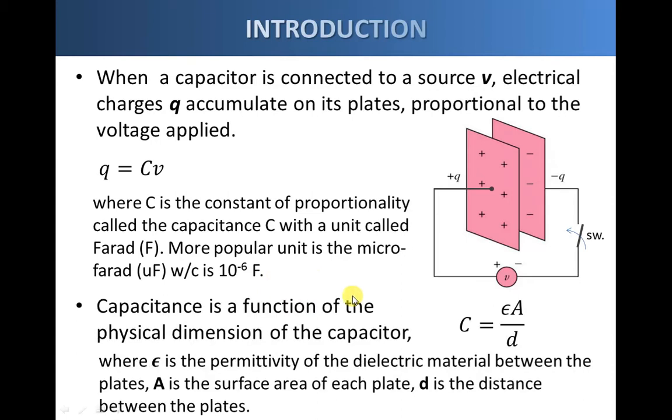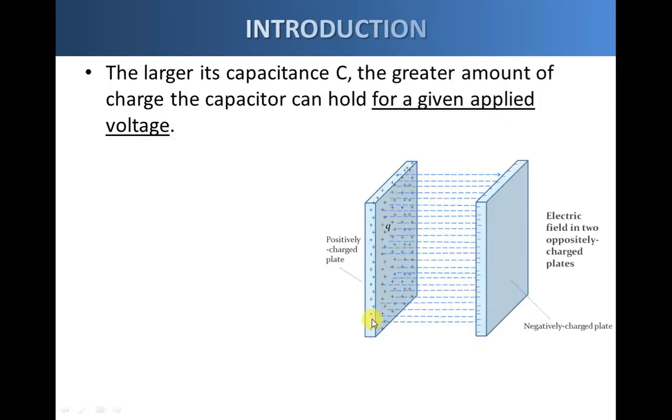Capacitance is actually a function of the physical design of the capacitor. So C is actually proportional to the area of the plates and the distance between these plates. The constant of proportionality there is what we call the permittivity of the material between the plates.